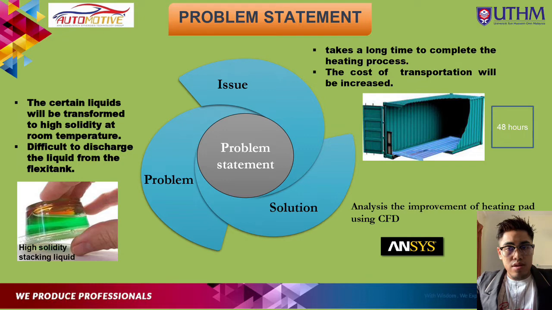Because of that, the liquid is difficult to discharge from the flexitank. So the issue here is this process takes a long time to complete the heating process. Because of that, the cost of transportation will increase because the time taken for transportation increases.